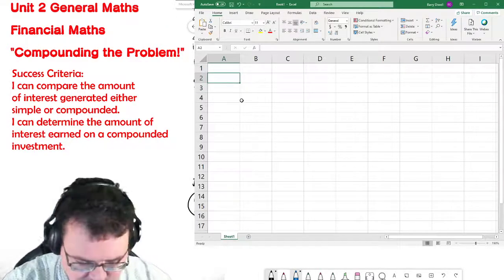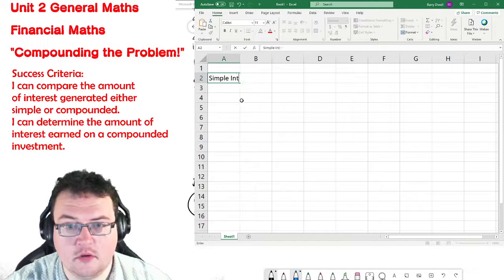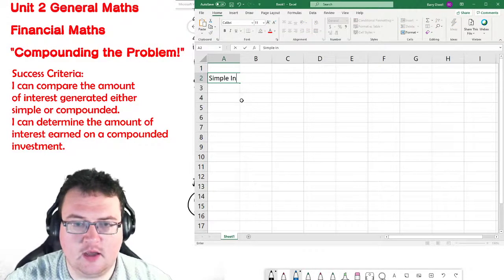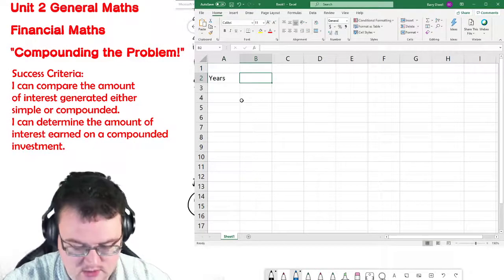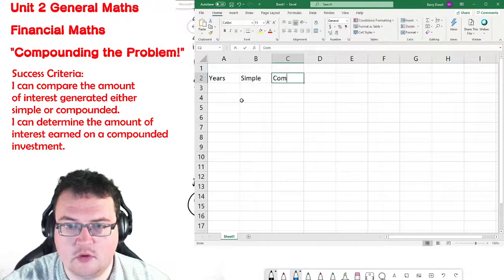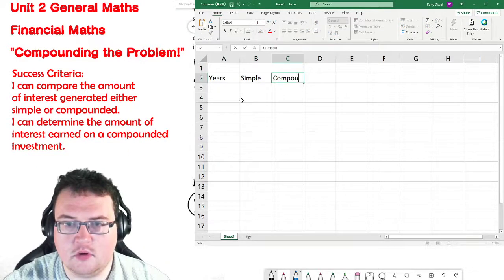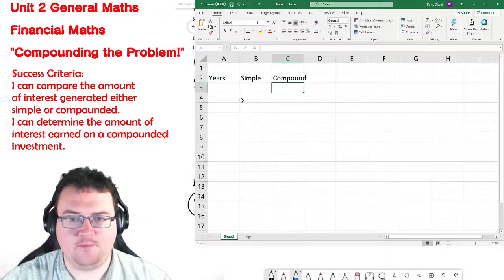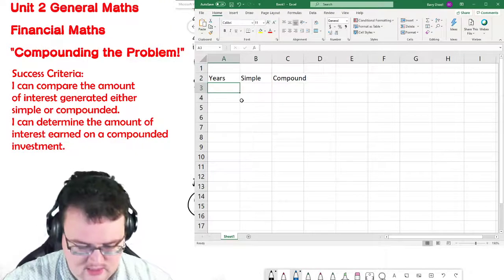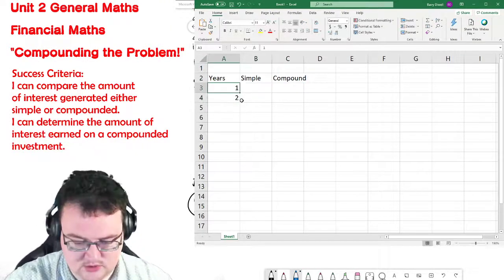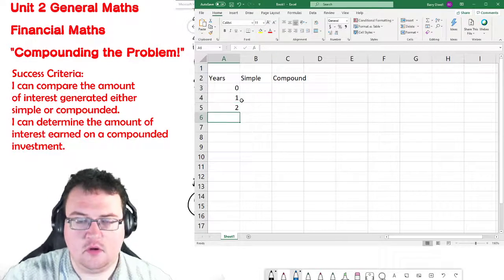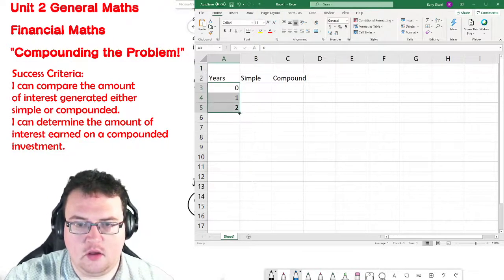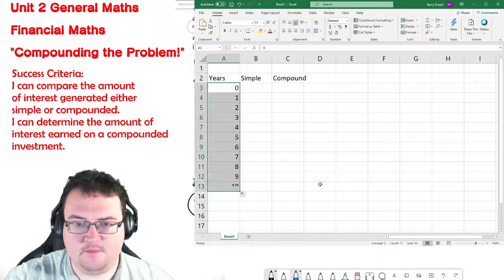So what I'm going to do here is I'm going to have years, simple, compound, and then I'm going to go 0, 1, 2. Just going to drag that down to 10.